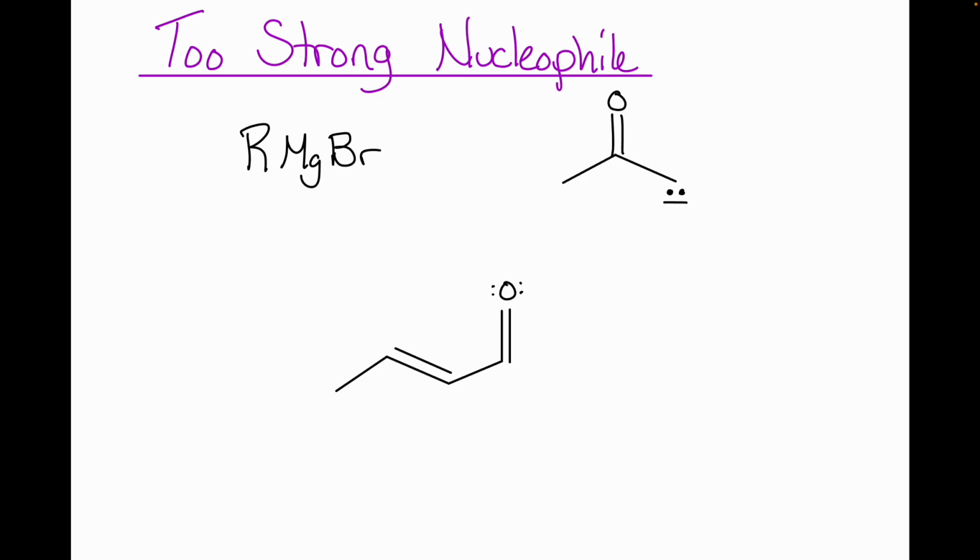If we were to use too strong a nucleophile, it will react with our carbonyl carbon instead of our beta carbon. So that wouldn't be a Michael reaction. You wouldn't be specifically targeting that beta carbon.